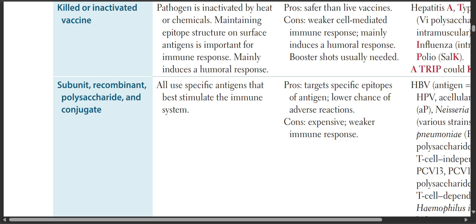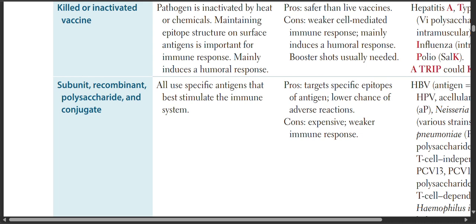You take that small protein, you attach it to another protein to extend its effects, and that is what a recombinant vaccination is. It's a small part of the entire virus or the entire bacteria, instead of having the entire virus. So I would say it's much more efficient.